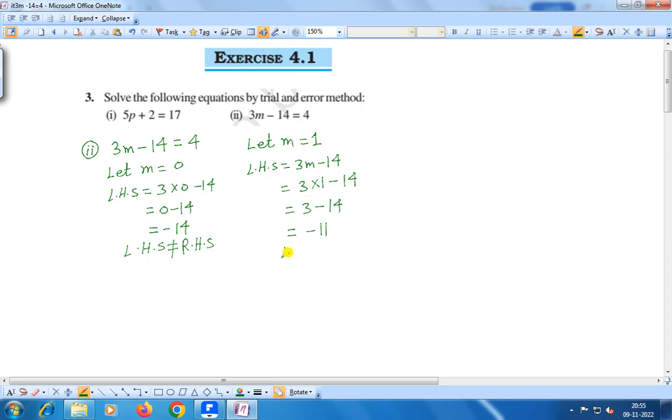And the right hand side is 4, therefore left hand side is not equal to right hand side. In this way we have to use trial and error method.